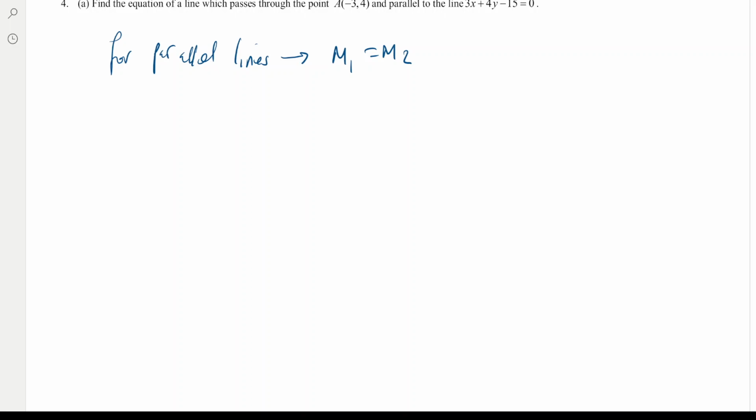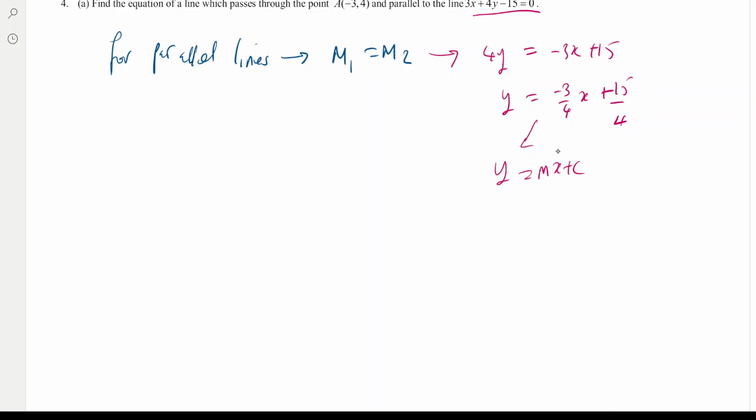If that is the case, from this equation here, you have 4y equals negative 3x plus 15. y will be negative 3 over 4 x plus 15 over 4. We compare this with y equals mx plus c. We can see that the slope is negative 3 over 4.